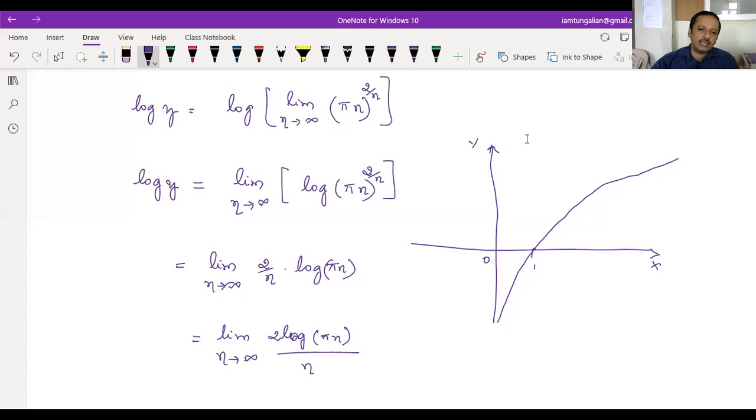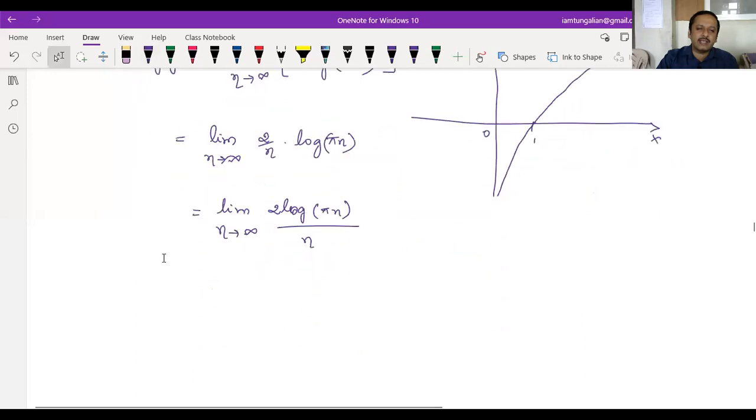By the time x reaches infinity, log x will also reach infinity. So limit n tends to infinity log pi n will be log infinity, which is also infinity. Numerator is infinity, denominator also infinity. Infinity by infinity is an indeterminate form. There we can use L'Hospital's rule.